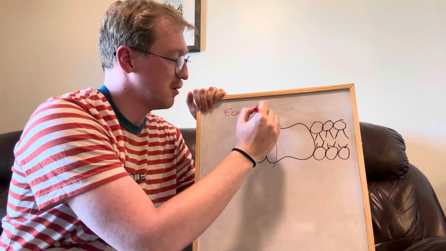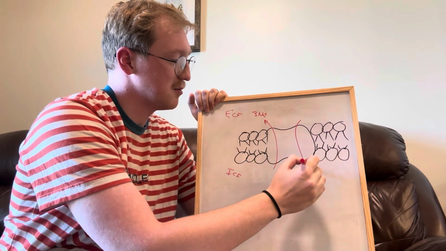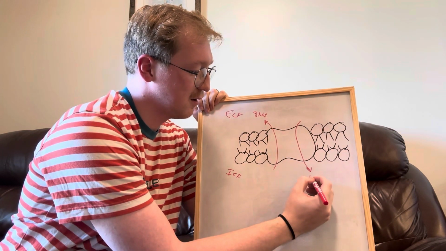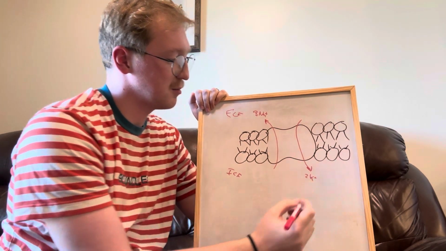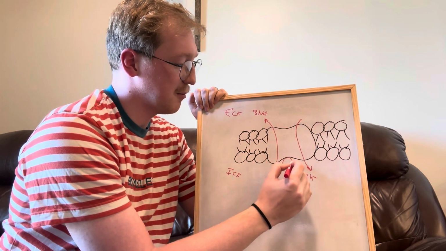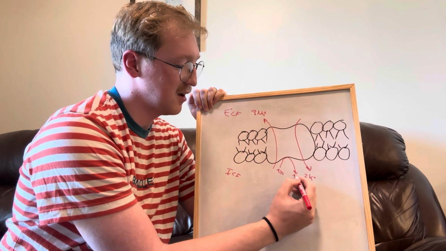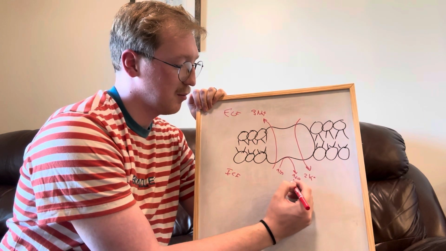So you'll have 3 sodiums, and then you'll have 2 potassiums that are coming in, with ATP coming up and into this as a use. And what comes out is an ADP and Pi molecule.